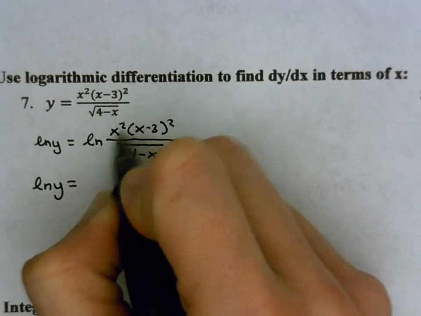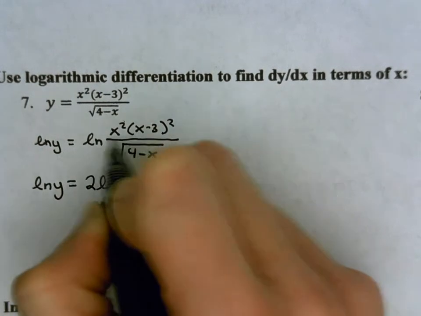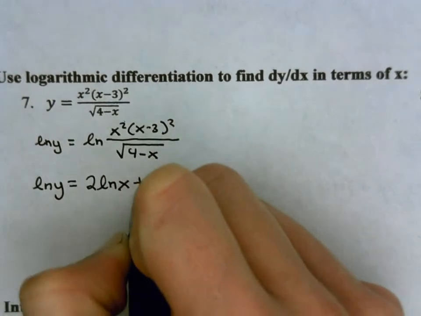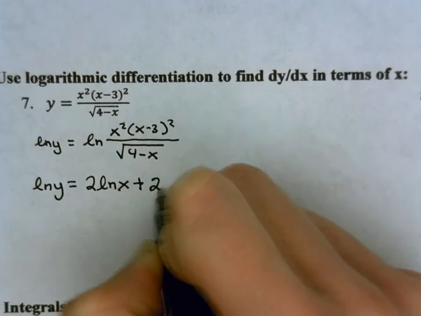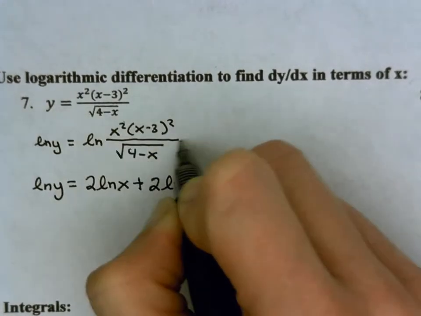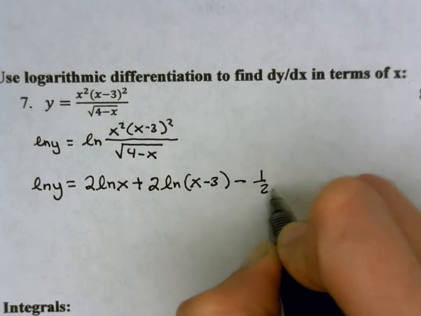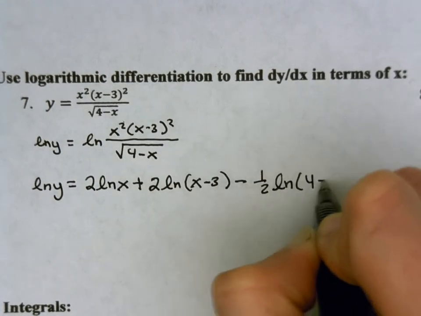Okay, so the x squared, I'm going to bring down that exponent, so we're at 2 natural log of x. And it's being multiplied, so we're going to add, bring down that exponent, 2 natural log of x minus 3, and then being divided, so we subtract and bring down that exponent, 1/2 natural log of 4 minus x.